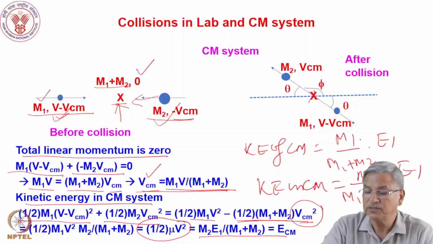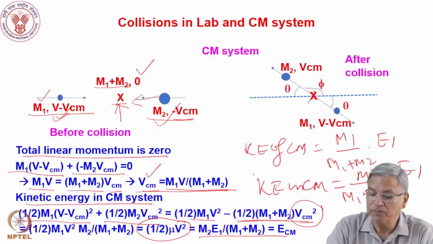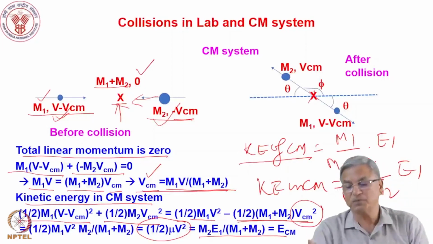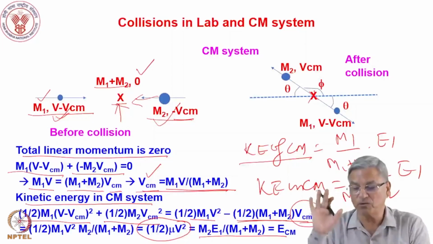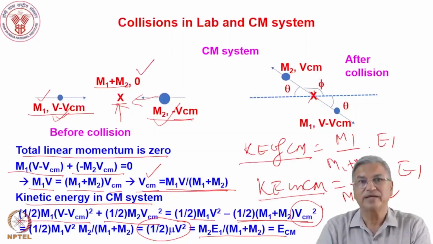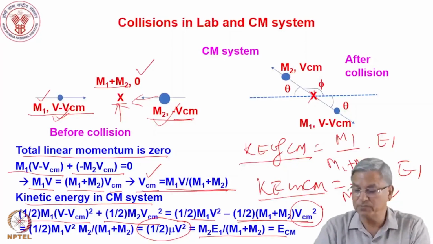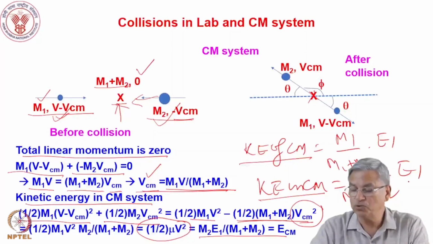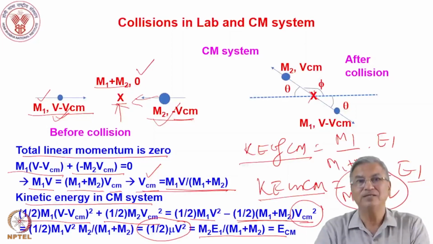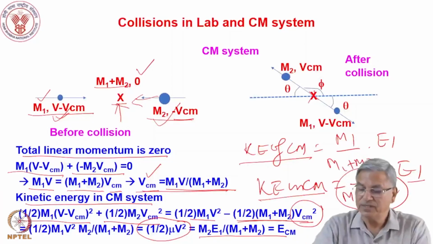In the previous slide, we derived the expression for kinetic energy of center of mass. That means this much energy is tied up in the motion of center of mass, whereas here in the center of mass system, the kinetic energy available is m2 upon m1 plus m2 into E1. So this much fraction of the projectile kinetic energy is available for the reaction to take place.